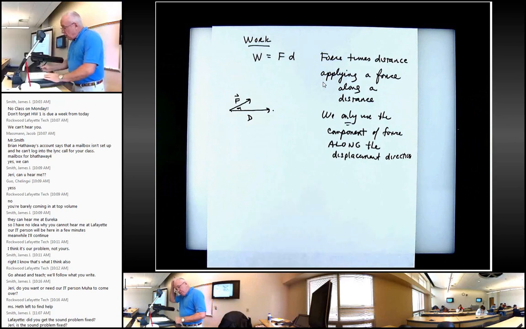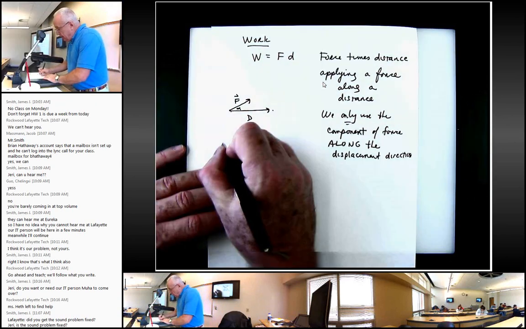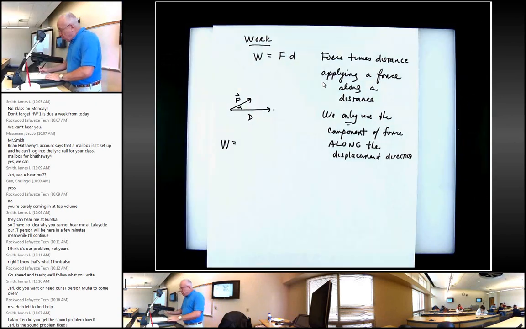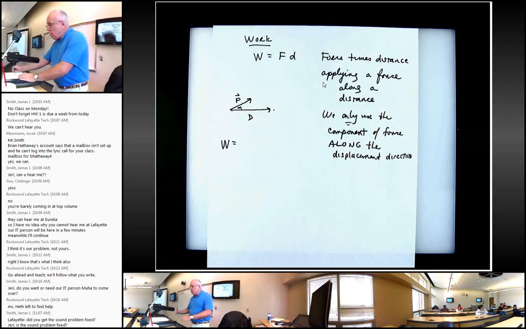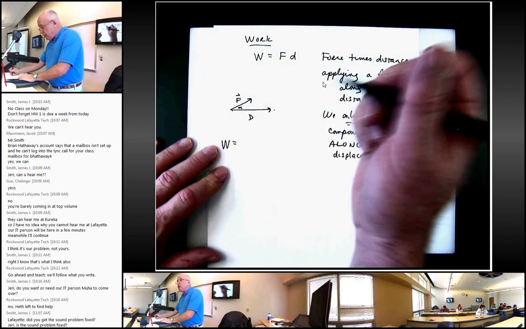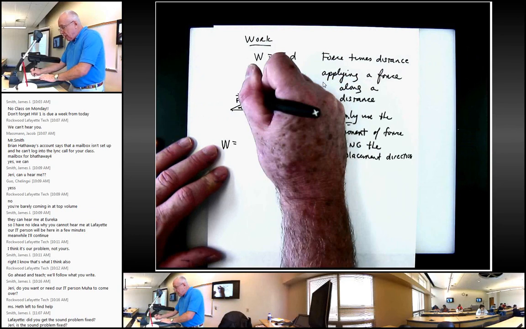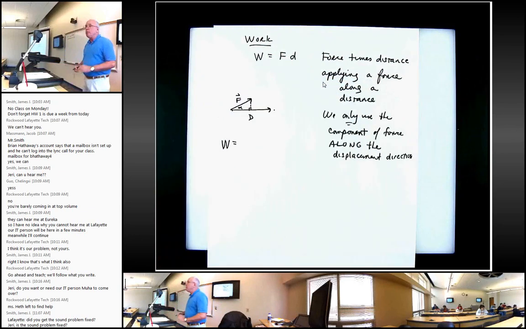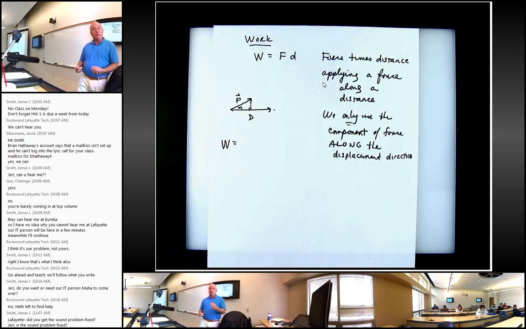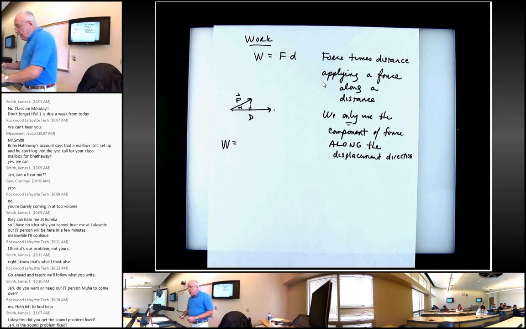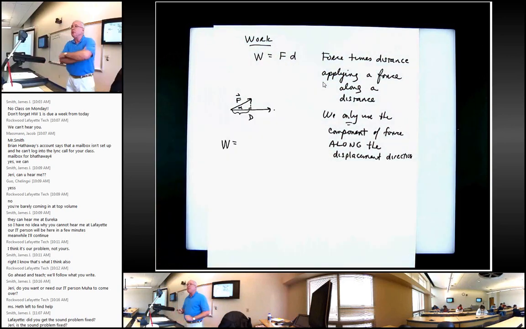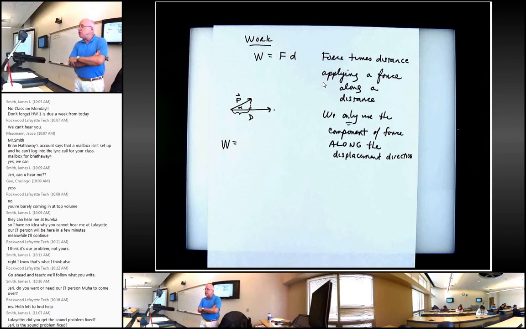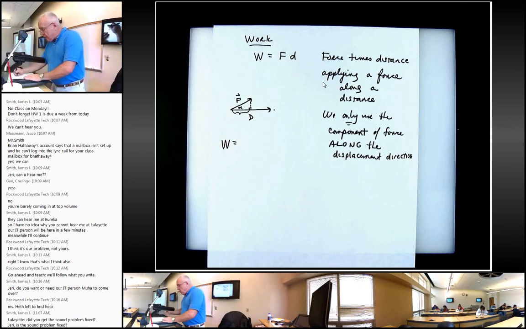Now, work is the component of force that's along the displacement vector. So we drop down a perpendicular from the tip of the force vector, and we're only looking at the part of the force vector that is that shadow onto the displacement. Well, what's that going to be?